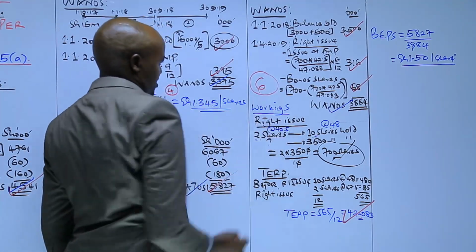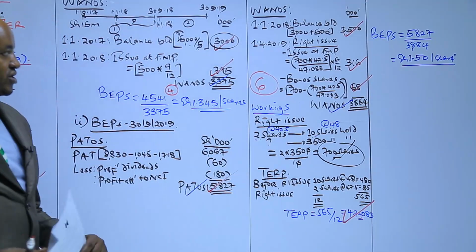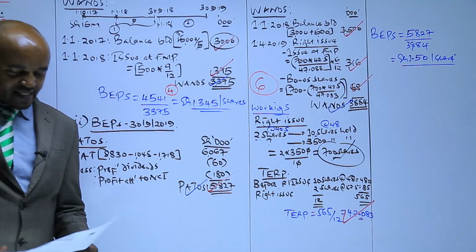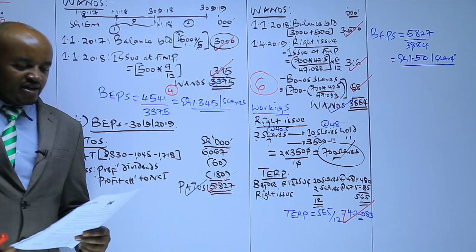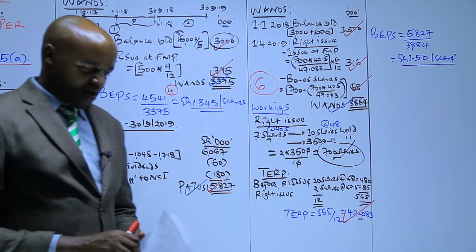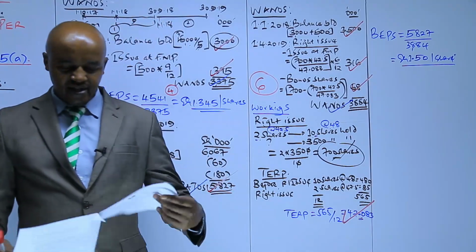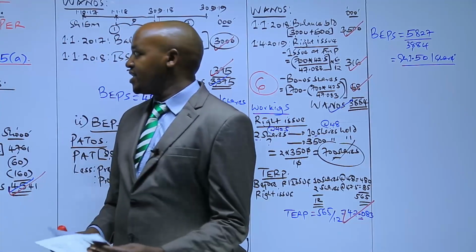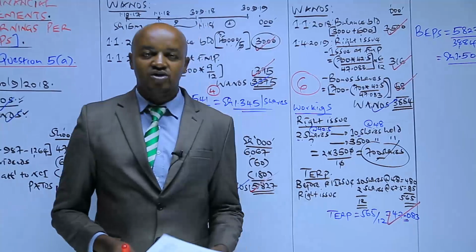By doing that, a candidate secured 6 marks. That is what the examiner was requiring for the November 2019 question number 5A.